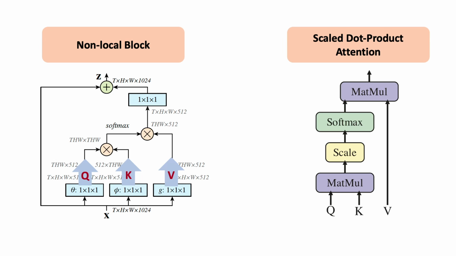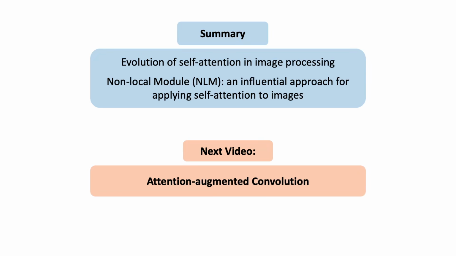This block can be integrated into any existing neural network architecture to capture long-range dependencies in data. The paper has shown the significance of adding such non-local operations in several computer vision tasks, including video classification, object detection, and segmentation. And that wraps up our first video in this series.